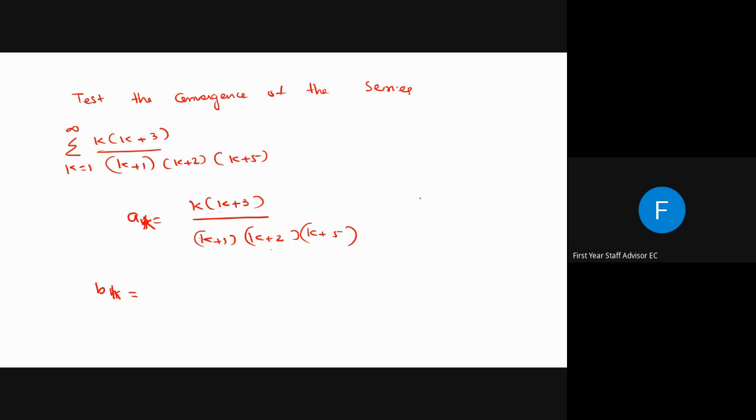The degree of the numerator is 2. 3 minus 2 is 1. So we can take bk as 1 by k raised to 1 degree.